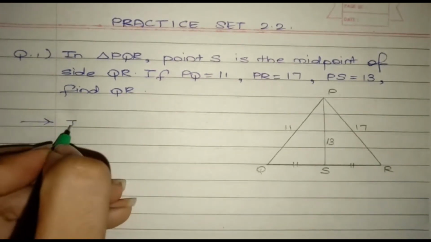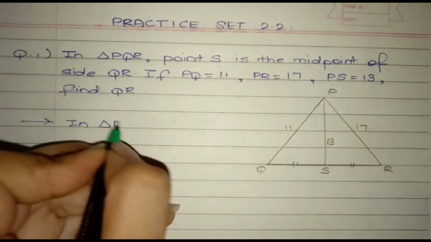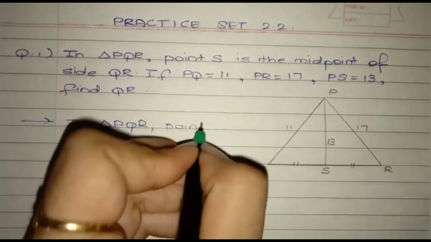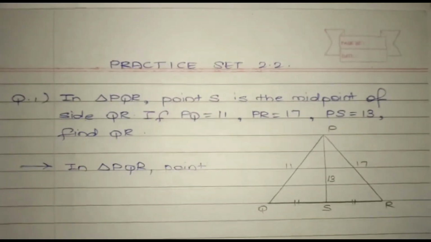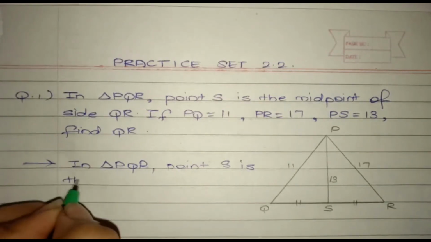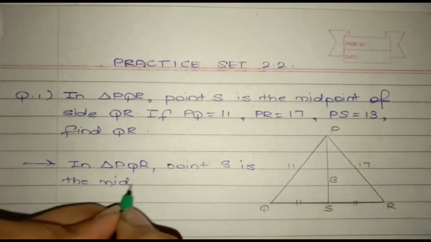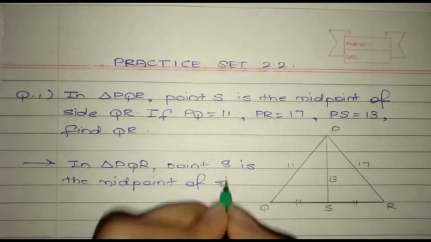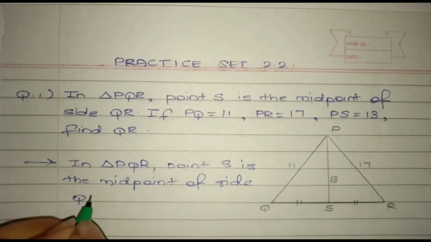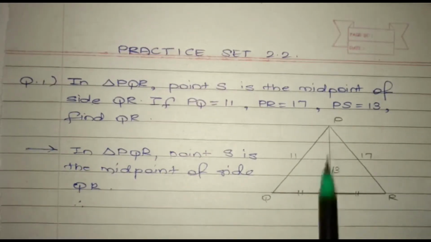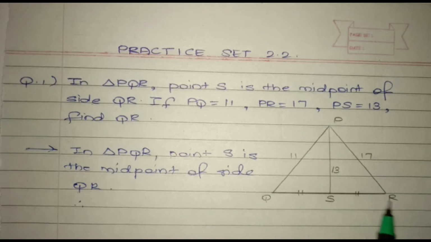Let us write, in triangle PQR, point S is the midpoint of side QR. Therefore S bisects segment QR in two equal parts.